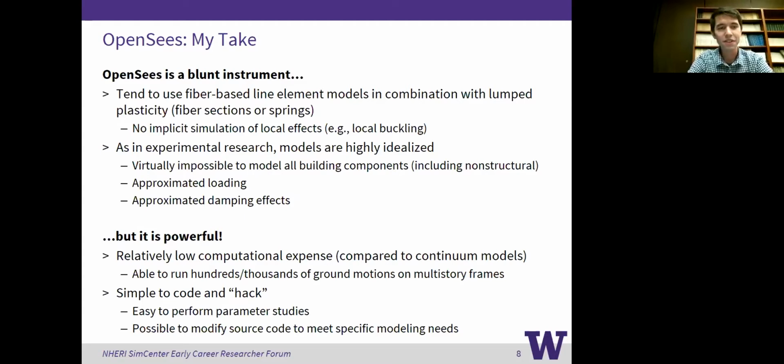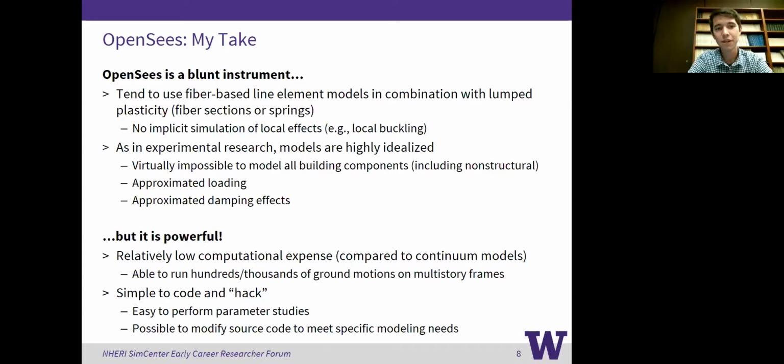So the other issue is that, as in experimental research, the models that we develop in OpenSees are really highly idealized. We make a lot of simplifications, we make a lot of assumptions in terms of how they are modeled. So knowing that it is really virtually impossible to model all of the building components, including all the non-structural components, which inevitably affect the seismic behavior of a real building, we tend to ignore those in OpenSees.